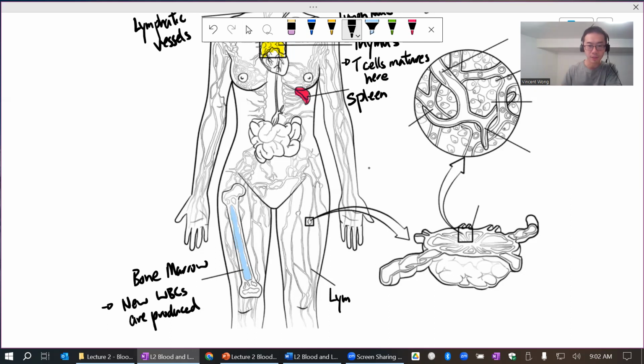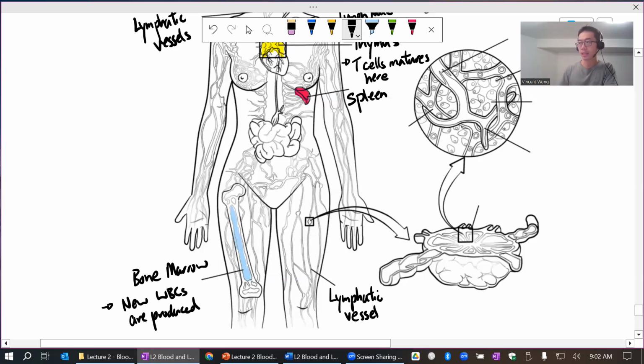More lymphatic vessels here. They are almost as extensive as the blood vessels. Wherever you have capillaries and blood vessels, you're going to have lymphatic vessels kind of next to them.